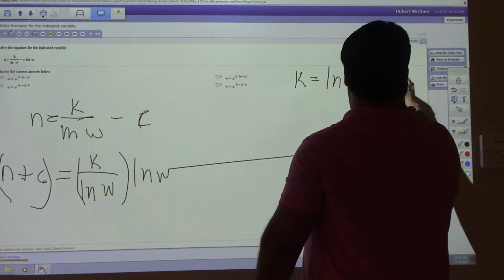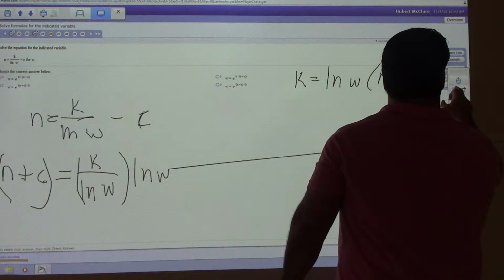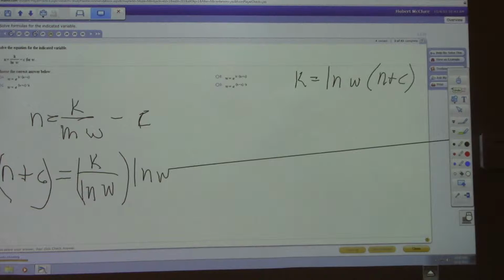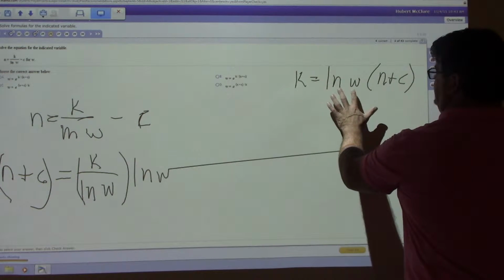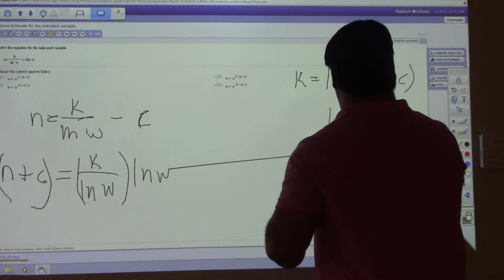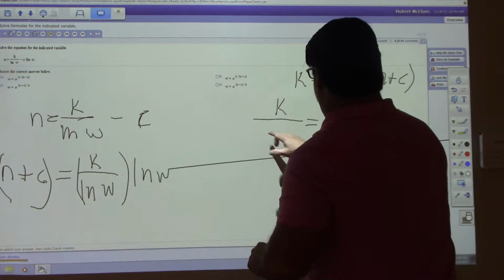N plus C. Now at this point, what they're wanting you to do is rewrite it, they want you to make natural log equal to something. So if I make natural log of W equal to something, what's it going to be equal to? K divided by what? N plus C.